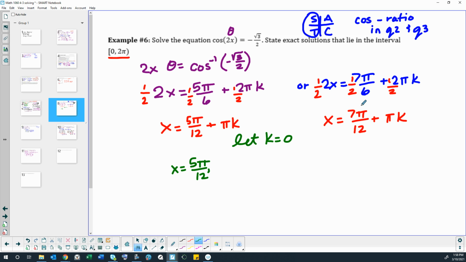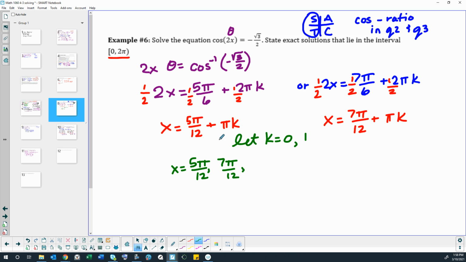And over here, with k equals 0, we will simply have 7 pi 12ths. Now k could be negative 1, but if we subtract pi from 5 pi 12ths, we're subtracting 12 pi 12ths, and we would get negative 7 pi 12ths. And that is not between 0 and 2 pi because it's negative.